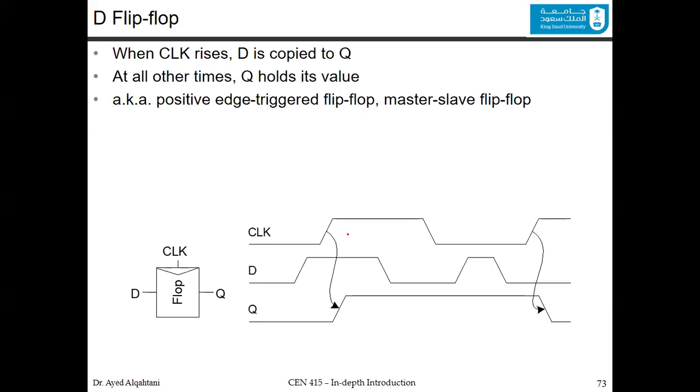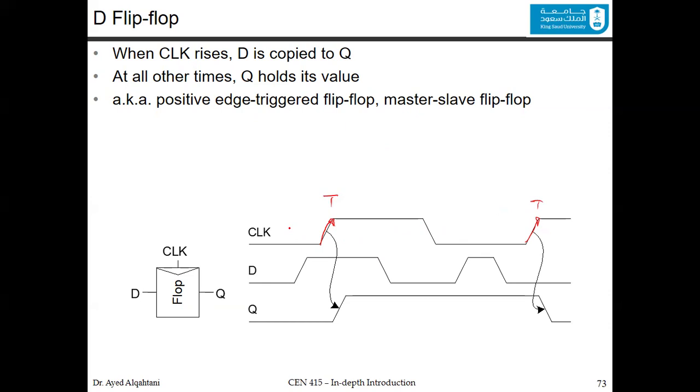Now, what about the D flip-flop? We know that the D flip-flop has an edge trigger behavior, either positive edge trigger or negative edge trigger. And we will focus on the master-slave flip-flops, which means that if we consider the positive edge, when the clock rises, which means this rising edge, then you have the transparent behavior only at this time.